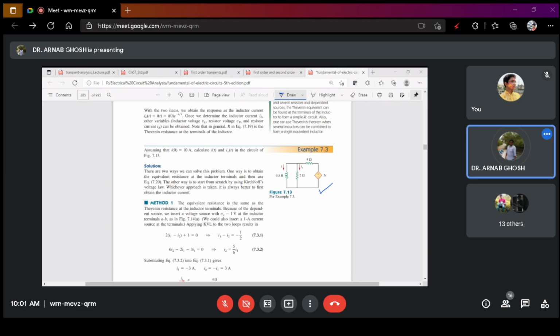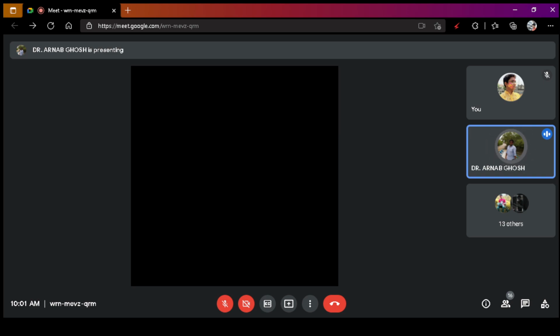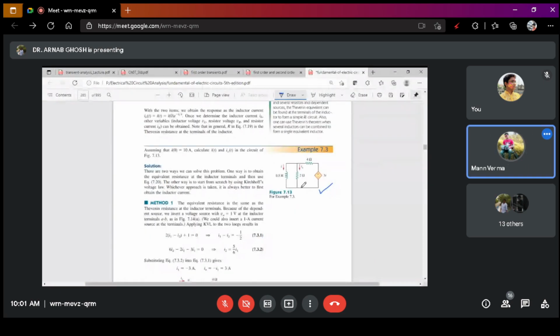Connected. You can see the page? Is that visible? Yes, sir. Okay, so you have to calculate this I(t) and you have to calculate this Ix. Once you calculate I(t), you can calculate Ix.